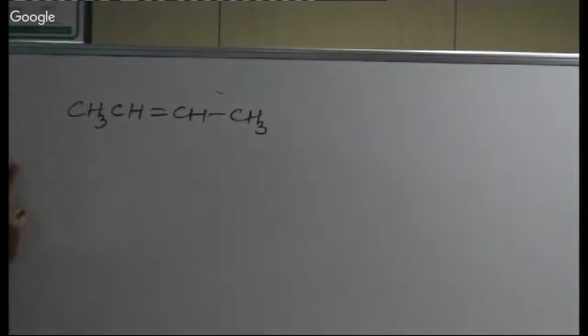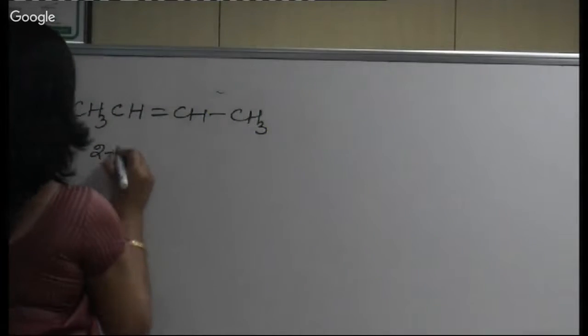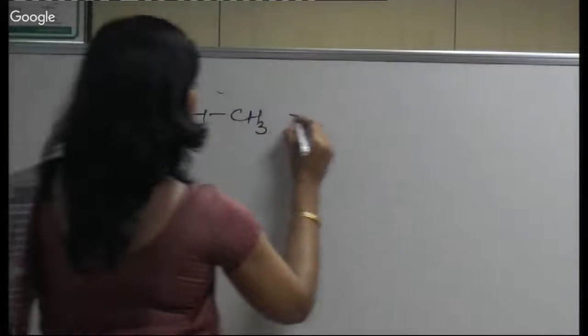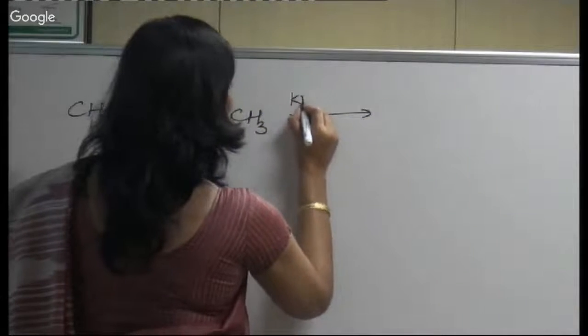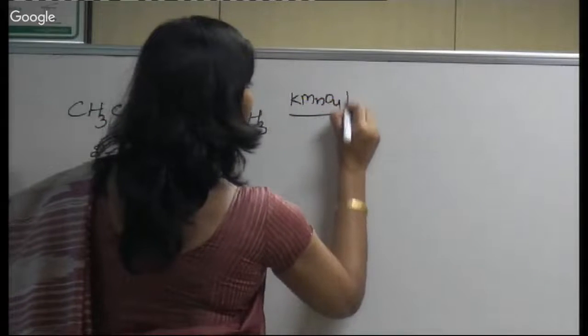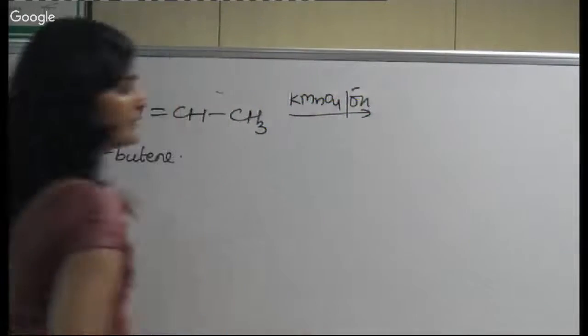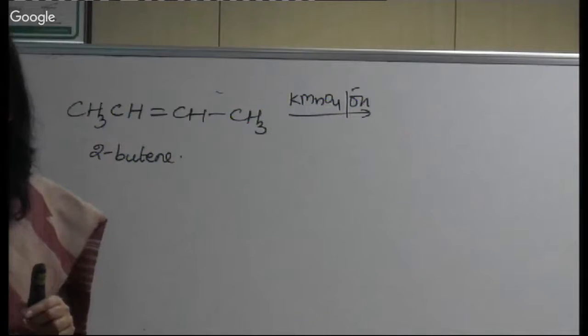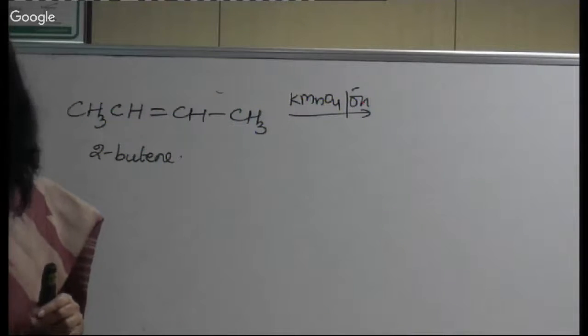This compound is 2-butene, right? And the oxidation can be done by potassium permanganate in the acidic or alkaline condition, or by potassium dichromate or chromic acid, right?